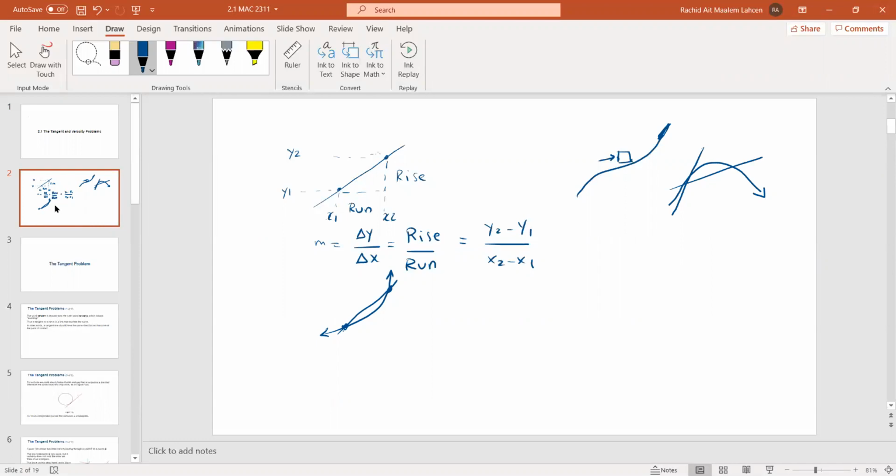In calculus, if we look at the same curve, the question changes to: what is the instantaneous rate at that point, right? What is the instantaneous rate? It's kind of instant. So that's what calculus answers.